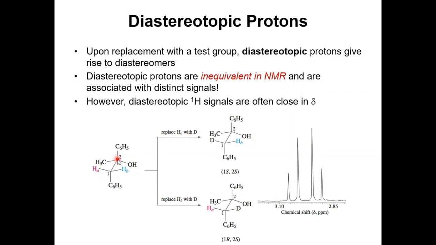In this case, these two, HA and HB, are also considered diastereotopic protons. If you replace this one with D, you get this compound. If you replace this one with D, you generate this compound. Those two compounds are a pair of diastereomers.